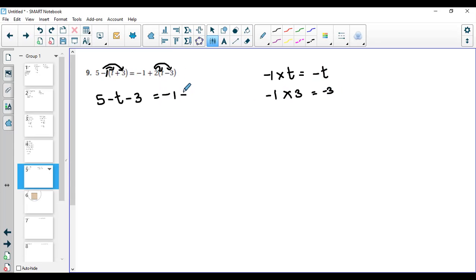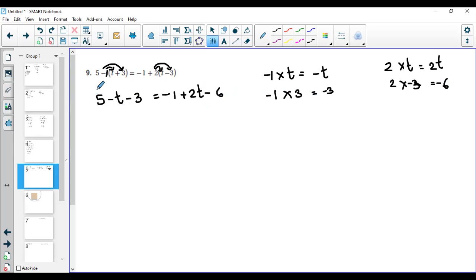Now I'm going to multiply this. 2 multiplied by t will give me a 2t. Then the next one is 2 multiplied by negative 3. That will give you negative 6. So here it's going to be negative 6.